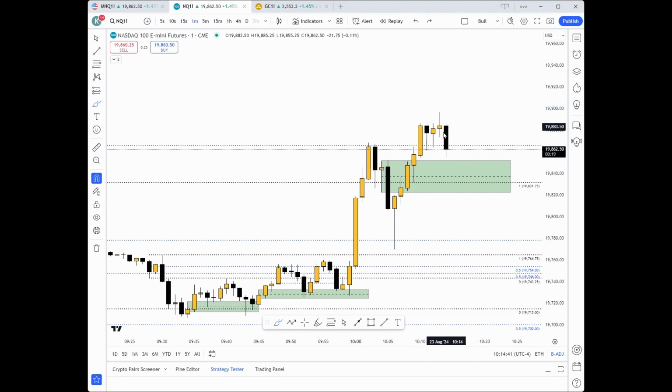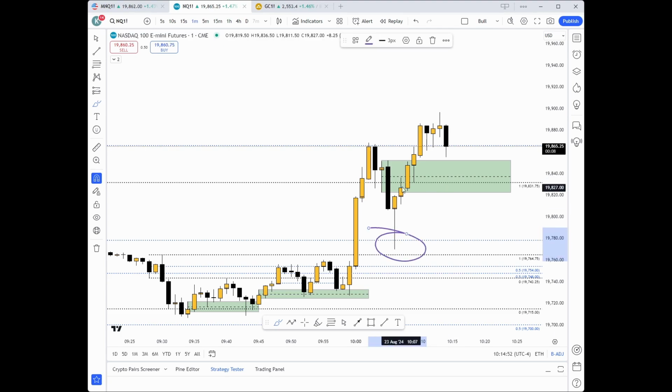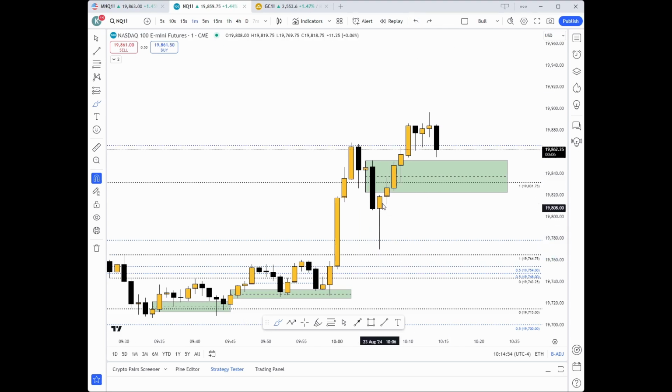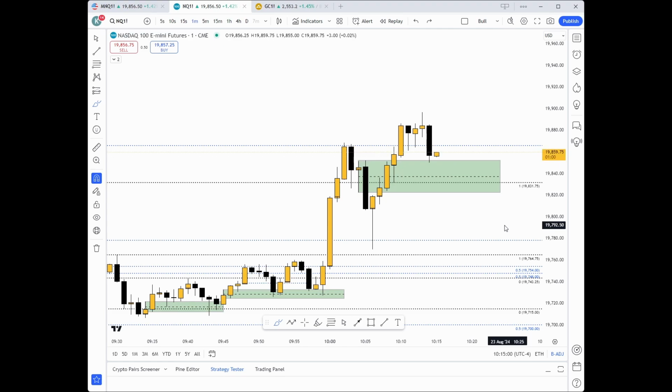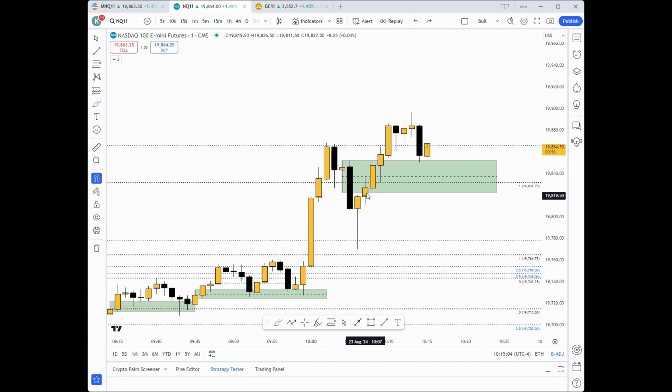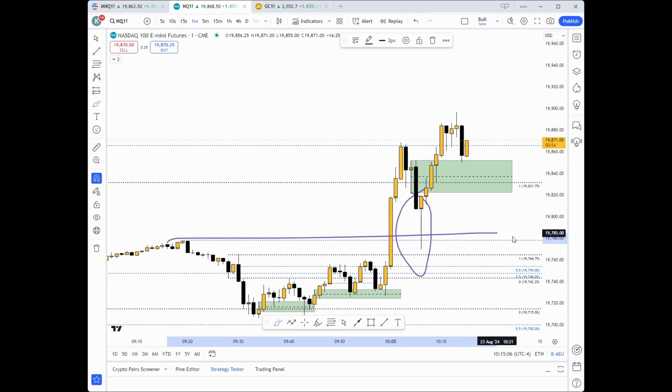Then what happens, right? What's our expectation? Like if it fails here, yeah, I'm obviously out of this trade and I'm going to be kicking myself for the rest of the day. So apologies, but you will likely have to endure that. Right? If we fail here at the top of this range with this high, what's our expectation?